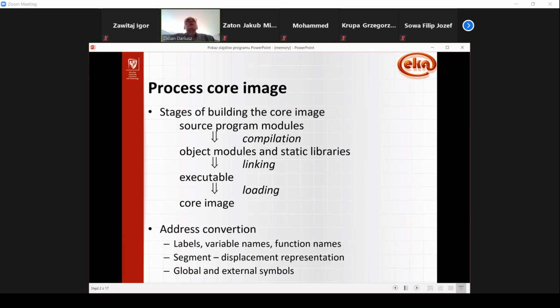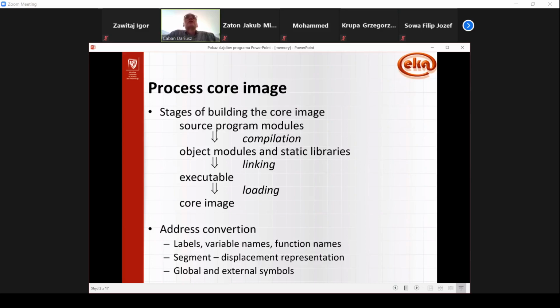Each module no longer contains the high-level language code that you have written. Instead, everything is translated to machine code, but okay, all the addresses are converted also, but not all of them.